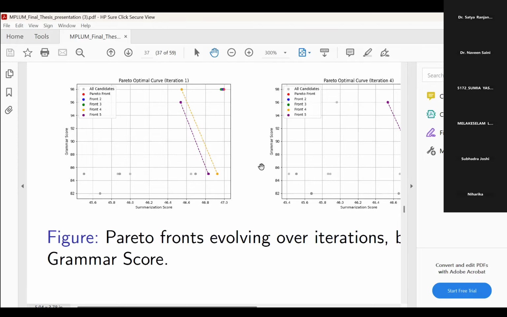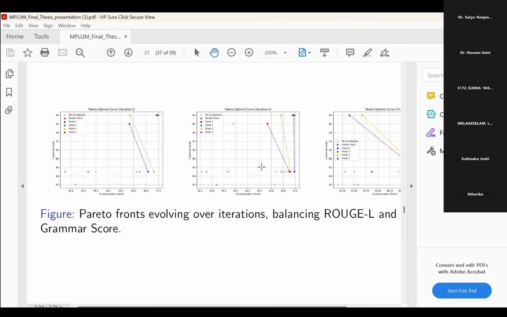Whenever we are optimizing more than one objective, a set of non-dominated solutions comes into the picture, and we are making different clusters of those solutions such that every cluster has a set of non-dominated solutions like this.